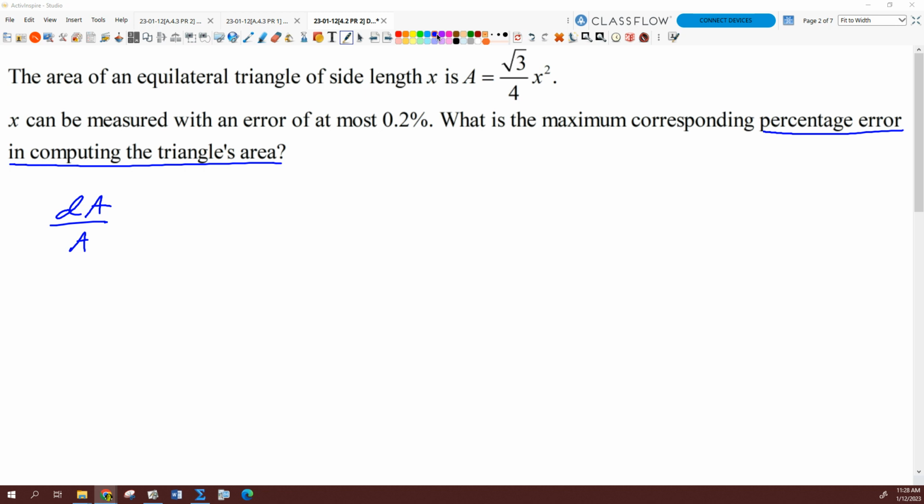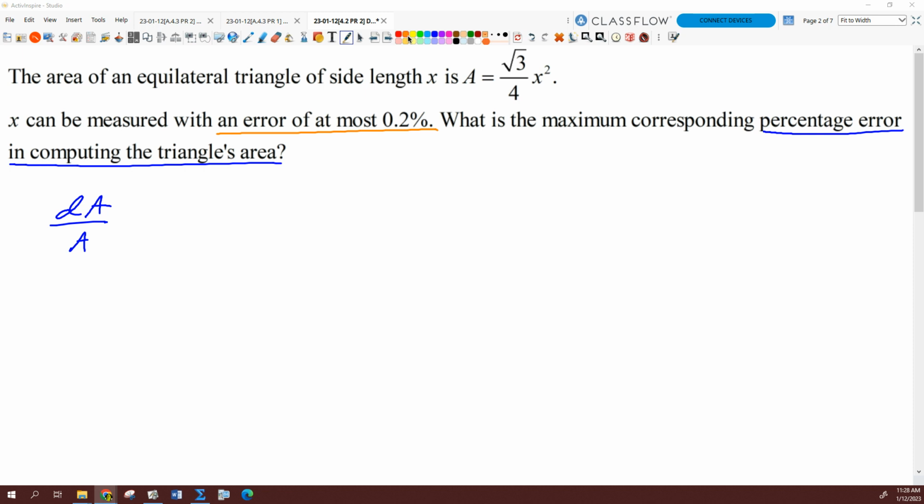Now you look at this at first and you might think that's not enough information, right? They don't give us anything about the size of the triangle, nothing about X or how much X grew, right? But what we do know is relative error. What does this tell us? It's a percent and it's unitless, so you know it's a relative error.